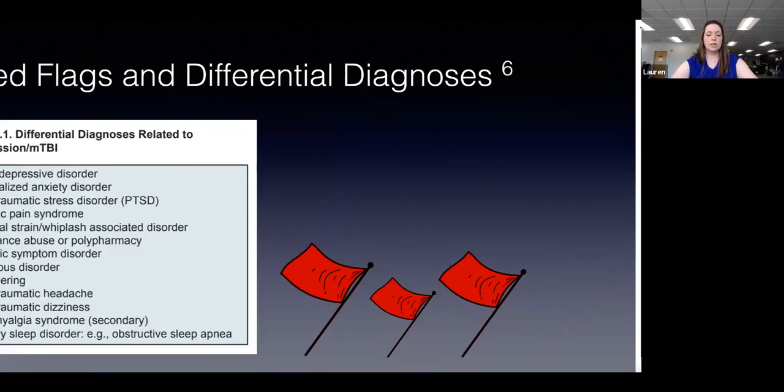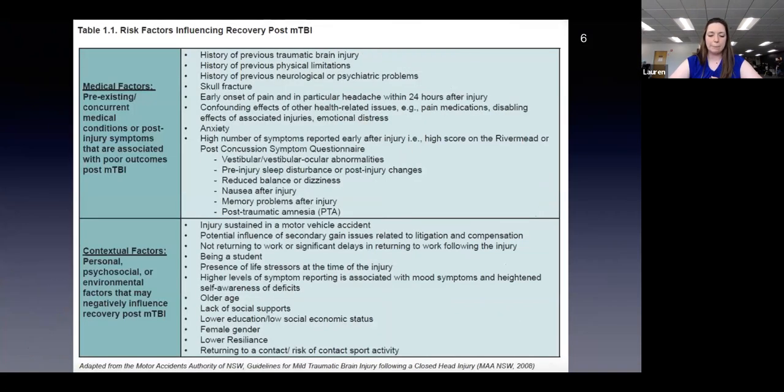All right, different risk factors. Again, this chart was taken from the same document as the last one. The main thing that I really wanted to point out here, under the contextual factors at the bottom, is female gender. There is research out there that says males are more likely to get a concussion.